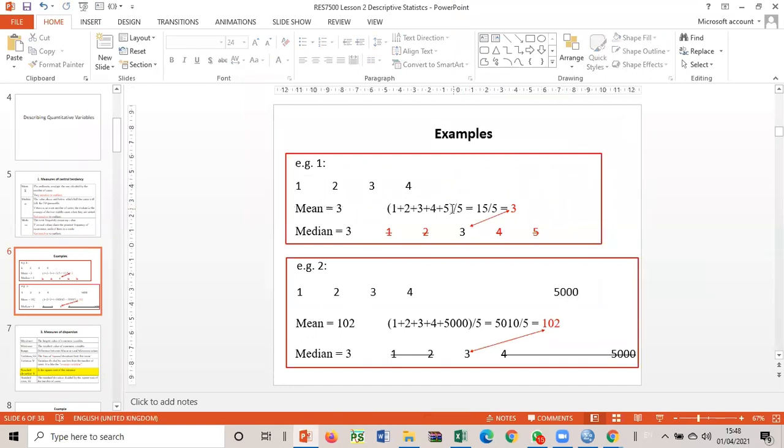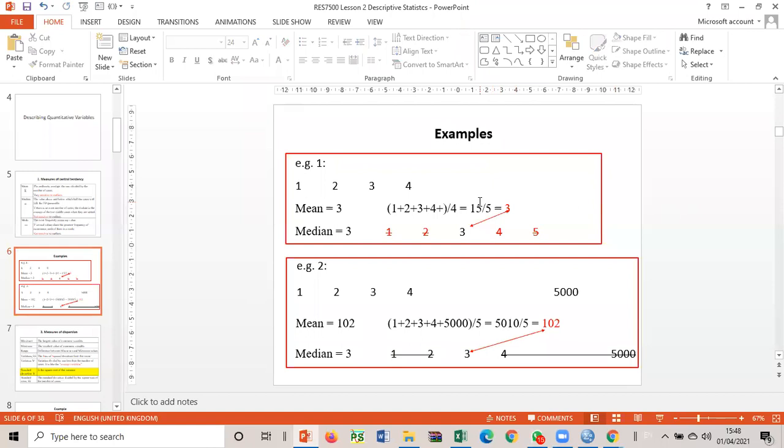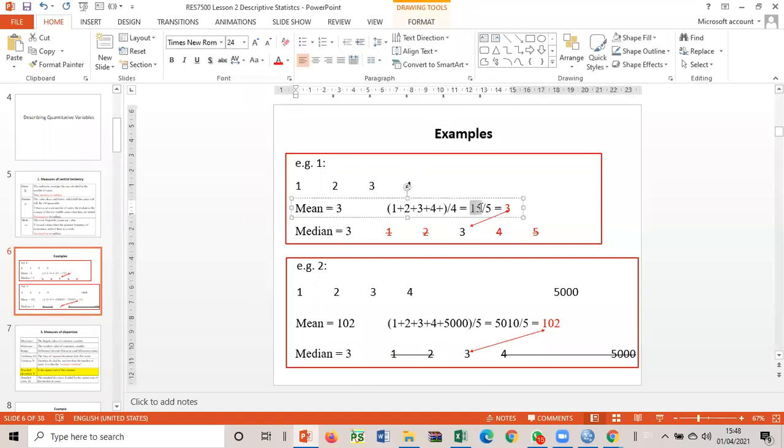Now what's the mean? These are the numbers I have. What's the mean? 2.5. Okay, what's the total? It's not the mean, what's the total here? Total is 10.